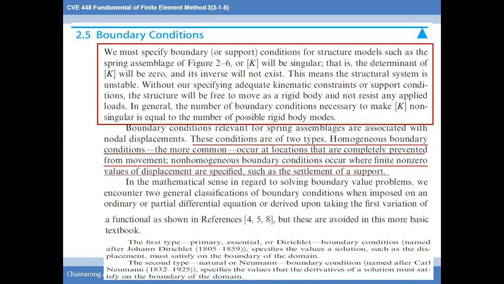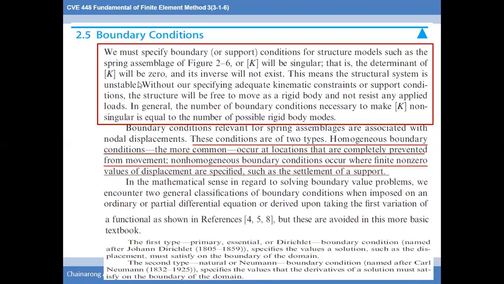We have to apply the boundary condition first, because the global stiffness matrix, the capital K matrix, is a singular matrix. Because it is singular, the determinant of it is equal to 0.